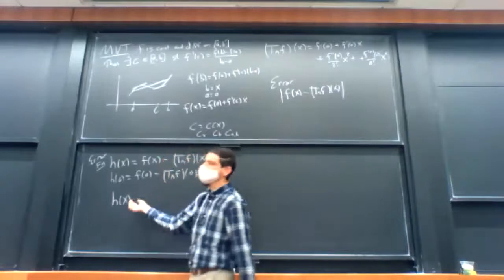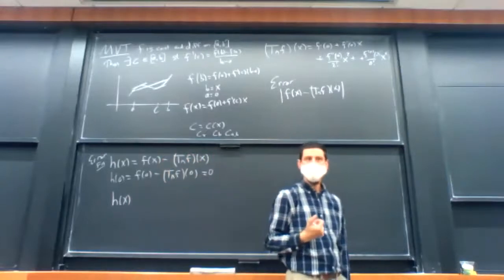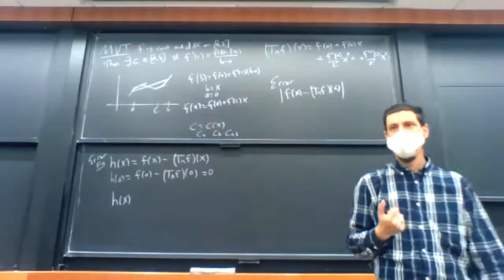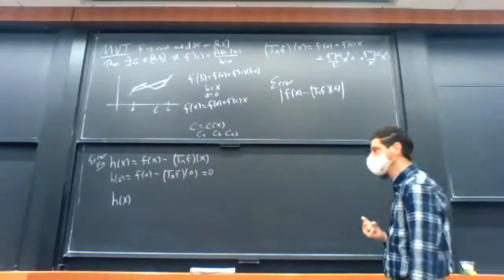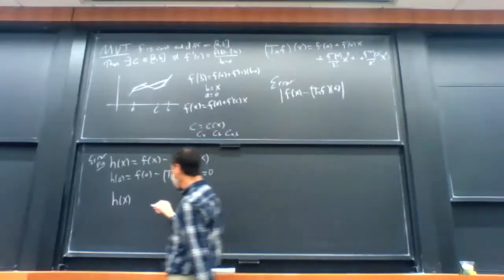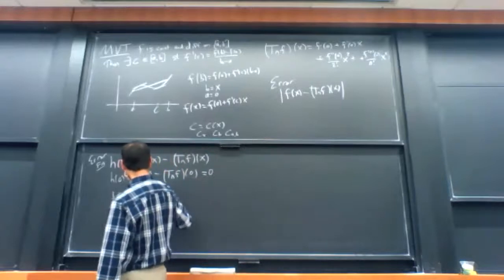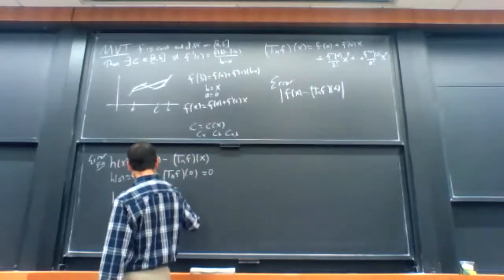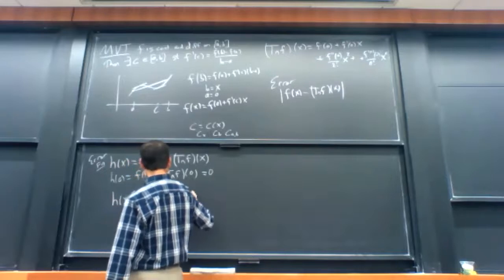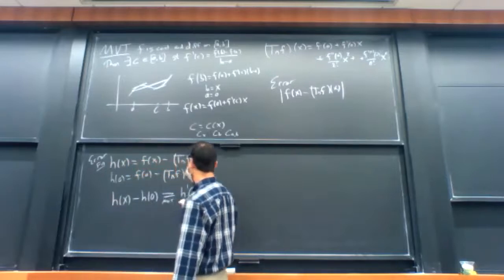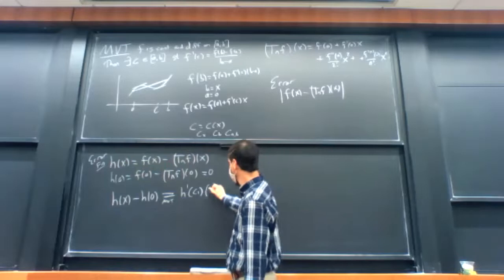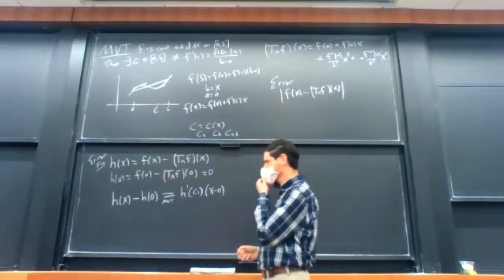So I want something that's 0 that's related to h. Yeah, so let's subtract out h of 0. And then by the mean value theorem, this is h prime at some point, let's call it c1, times x minus 0.